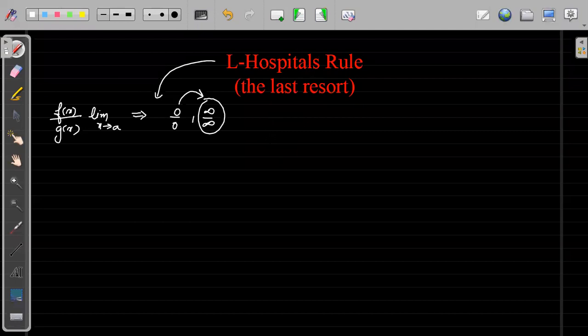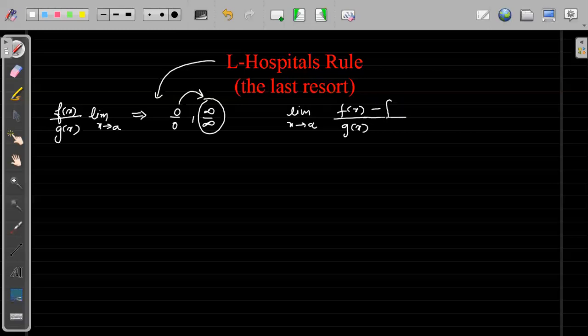The first method: you have limit of x tending to a, f of x divided by g of x. Because f of a and g of a are both 0, we can subtract f of a and subtract g of a.